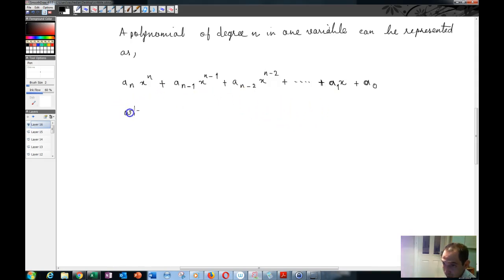And in this way of representing the polynomial, a_0, a_1, a_2, and so on, all the way up to a_n are constants, and a_n is not equal to 0.